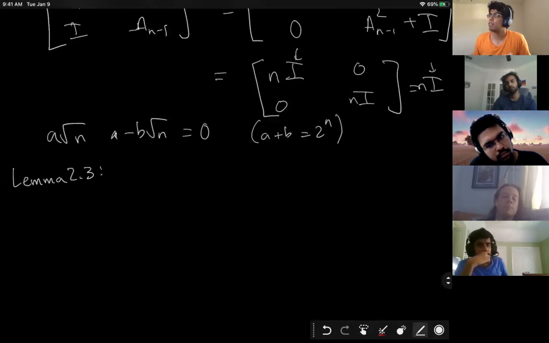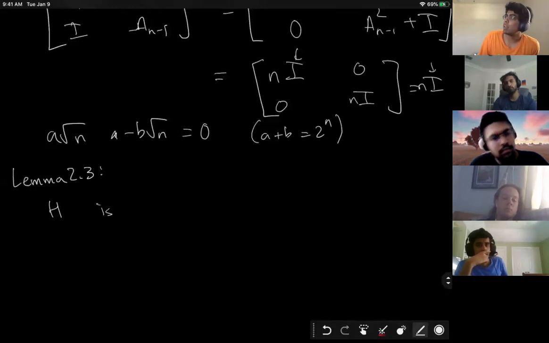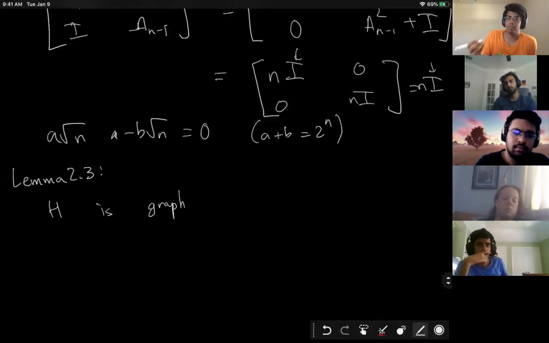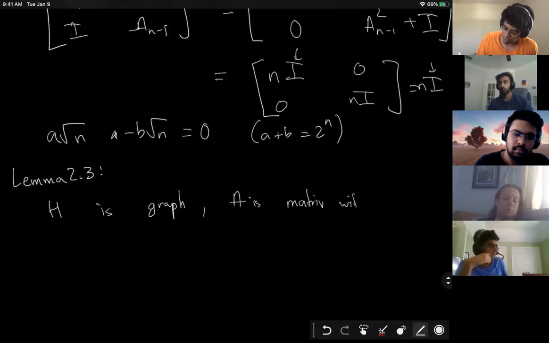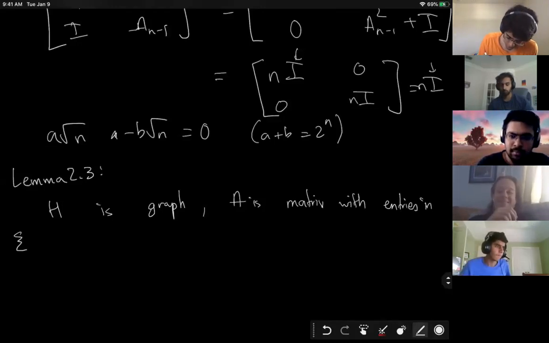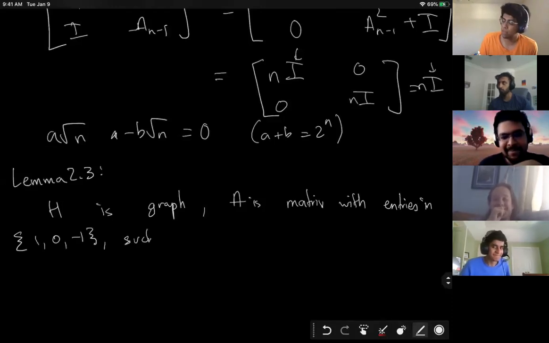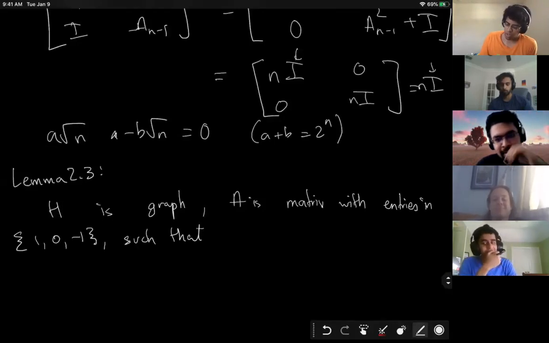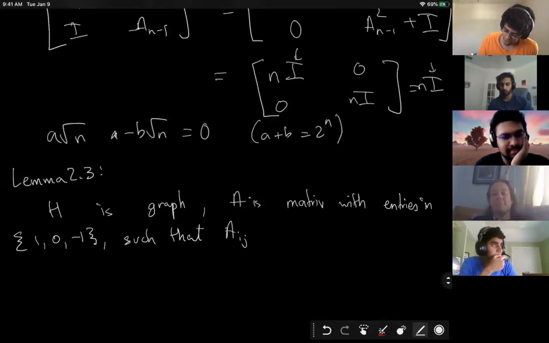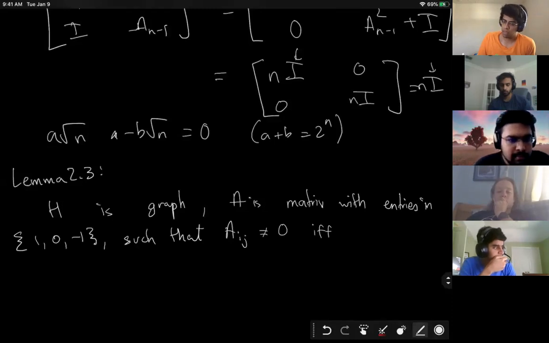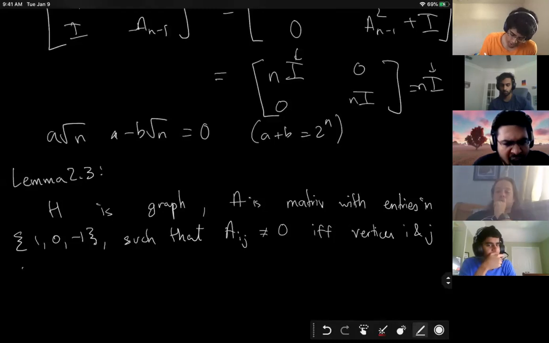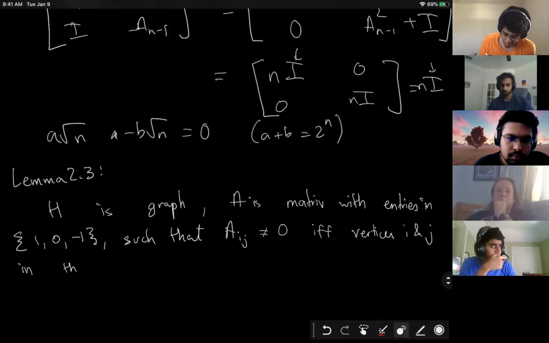Okay, so H is a graph, right? And A is a matrix with entries in 1, 0, -1, such that A_ij is not 0 if and only if the vertices i and j in H are connected.